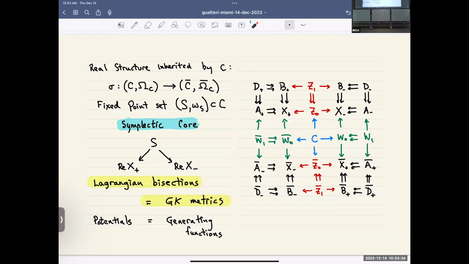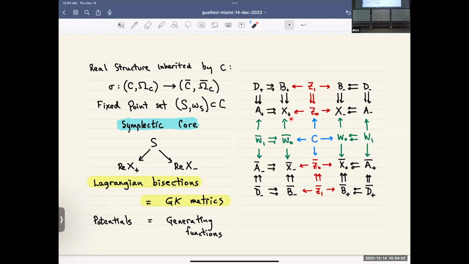It's the only space that has a real structure in this diagram because it's in the middle. So we can look at the fixed point set of that real structure, and what we get is a real symplectic manifold, which I call the symplectic core of the whole diagram. And this has twice the dimension of the original manifold. Okay, and it maps to X, but it also maps to X bar.